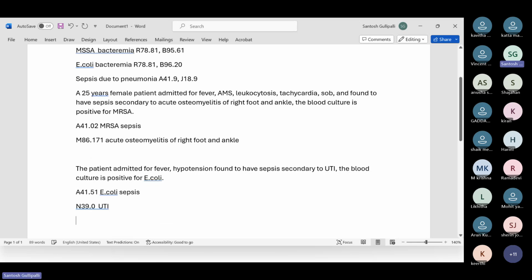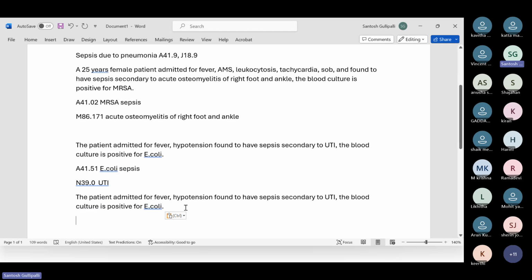Okay, I will give one more example. In the same example, I just changed something. The patient admitted for fever, hypertension, found to have sepsis secondary to right knee cellulitis.